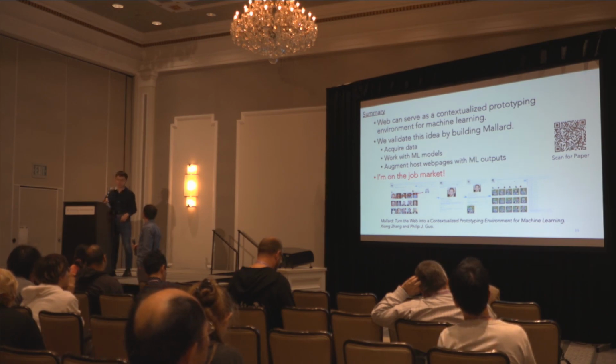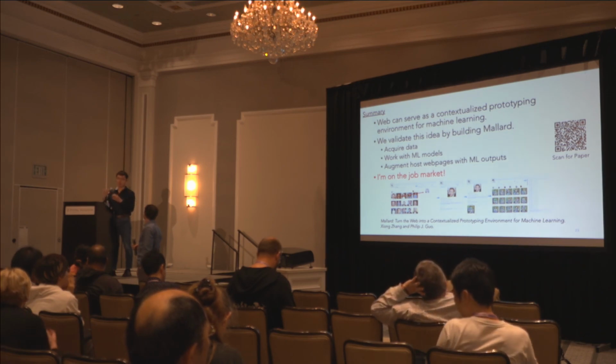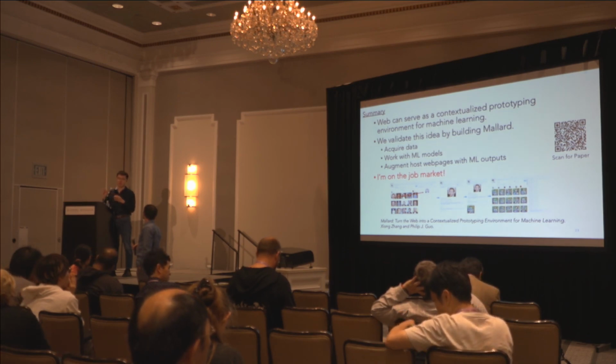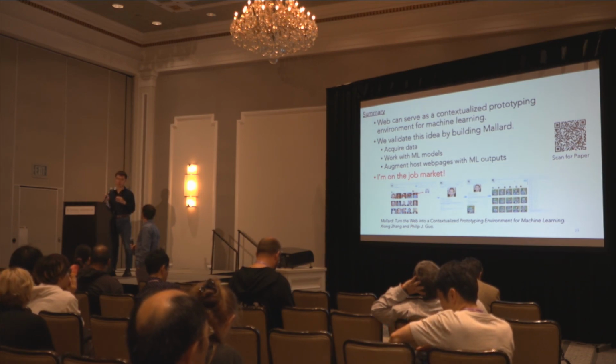So this is basically to take this experience from text into the world of images, videos and more multimedia, which are one of the main fields of machine learning applications.